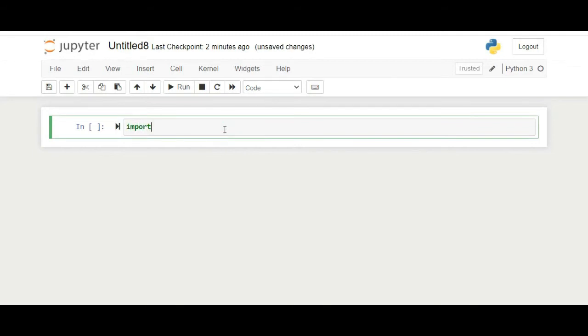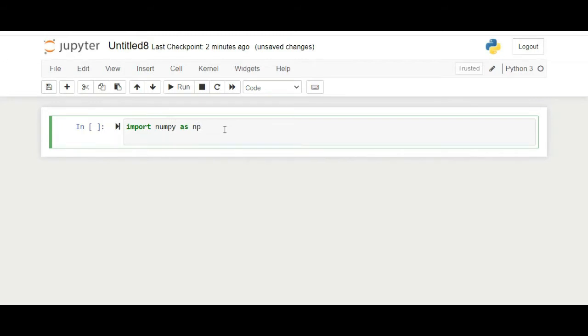We will write import numpy as np. Then we will write the coefficients of the quadratic equation.